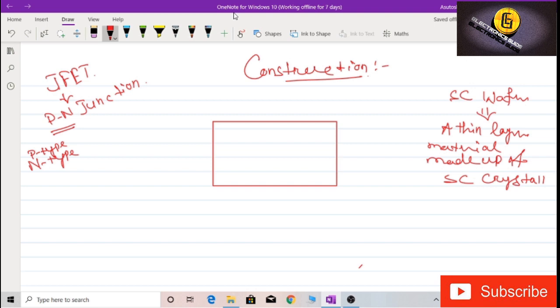This semiconductor is obviously extrinsic semiconductor, as we need both P-type and N-type. This substrate can be made of either P-type or N-type. Let's assume, for this case, we have made this wafer using N-type material. We can also make it using P-type material.